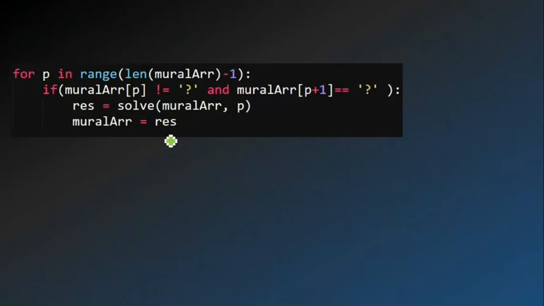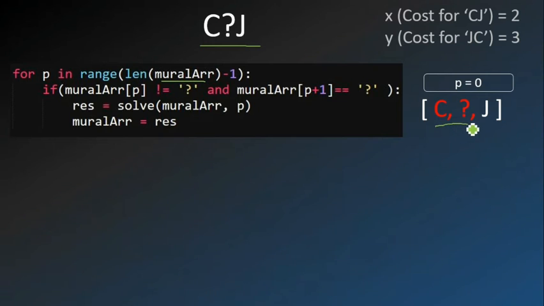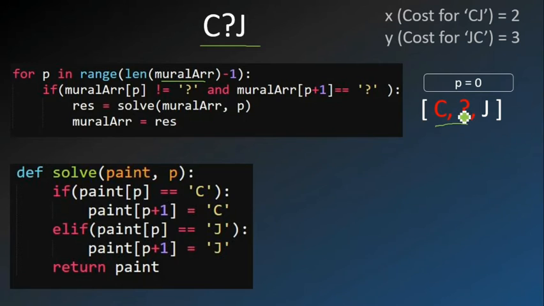Here we are going to iterate over the mural array, C question mark J. At P equals 0, C and question mark are the two adjacent characters. Yes, we found a question mark, so we are going to pass the mural string to this solve function, and whatever is to the left of the question mark is going to replace it.